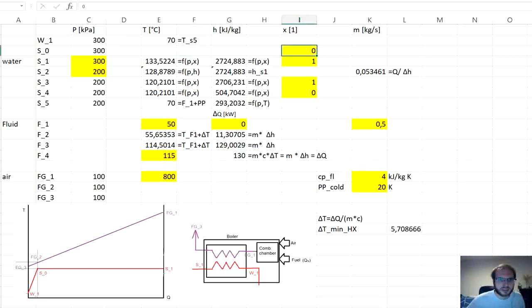So this was our input parameter, this was our input parameter, so that our model is parametric and we can change the values. We put the values in the other cells as a function of the highlighted yellow ones.